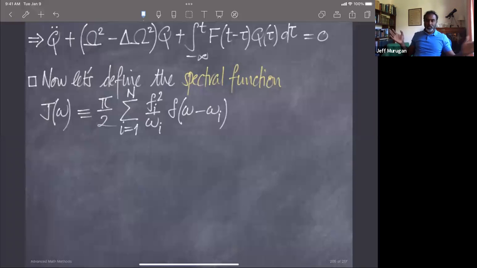In the large n limit, where I have a large number of these oscillators, this is effectively a smooth function because all of these spikes add up, right? And different choices of the spectral function will provide different bath environments for the system that we're considering. So I specify what sort of bath I'm putting the oscillator into, be it honey or water or something else, by specifying what the spectral function is. So it characterizes the spectrum of couplings, Fi, and frequencies of the oscillator bath.